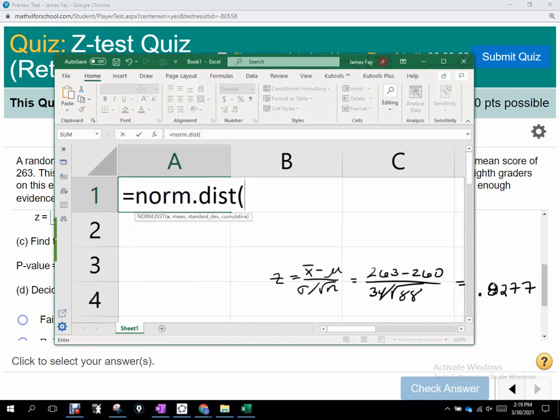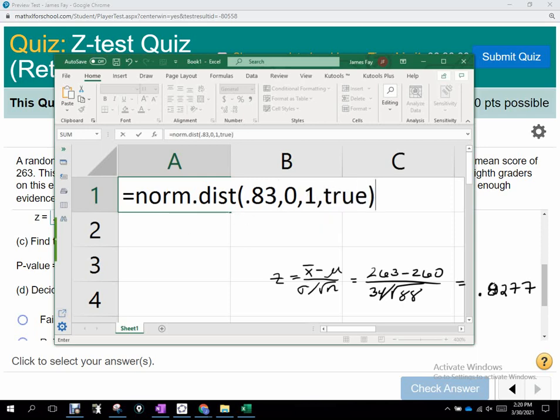Now the value that I'm looking for, 0.8277, or actually I'm going to use the rounded value, because I'm assuming that this is what Math Excel is going to be asking for. The next question says what's the p-value, and I'm assuming they want it with the rounded value. Does that make sense? Mean is 0, standard deviation is 1, and we will say true.